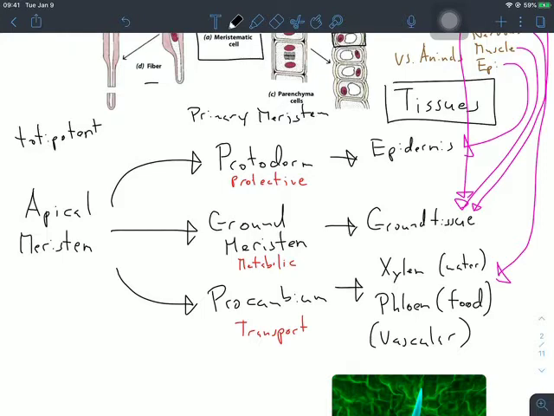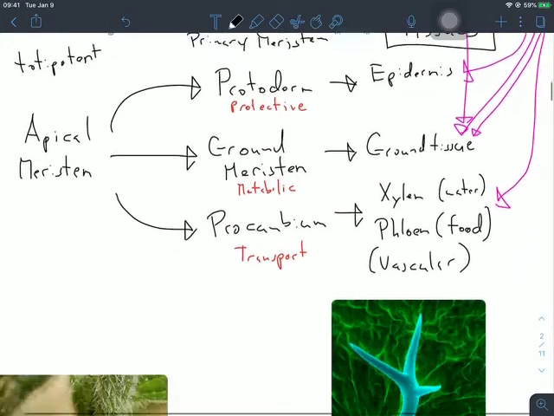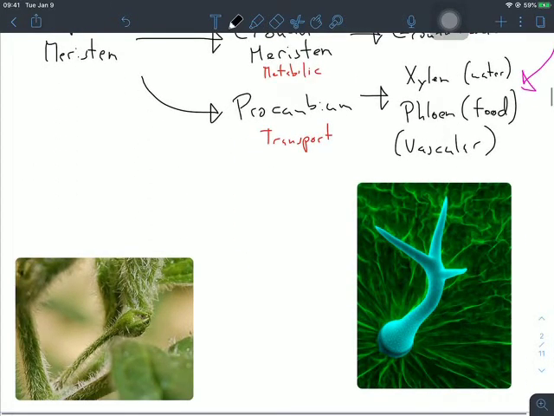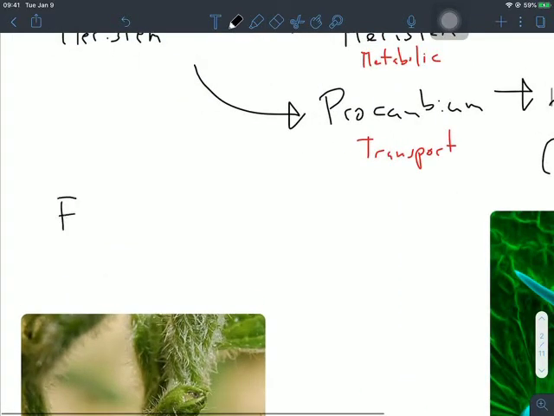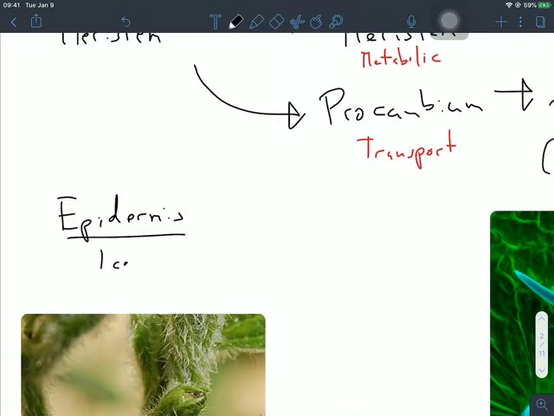So, what are our different cell types? Because, even though these are different tissues, I do want to try to go over briefly what the different types of cells that you might find in each of these different tissues are. First and foremost, we'll start with the epidermis. The protective layer that is usually 1 cell thick and on the outside of the plant.